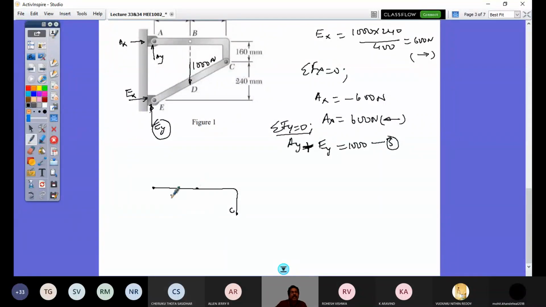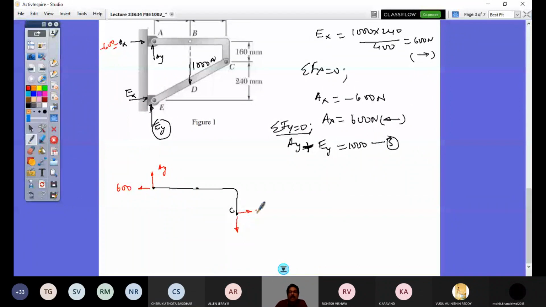So here it is minus 600, but I put it here as I know it is to the left, so 600 Newton, and AY is unknown. If I have it like this, my CX should be in this direction and CY should be in this direction, then only this will be under equilibrium. So this is my CX and this is my CY. By observation itself, I would say CX equals 600 Newton.